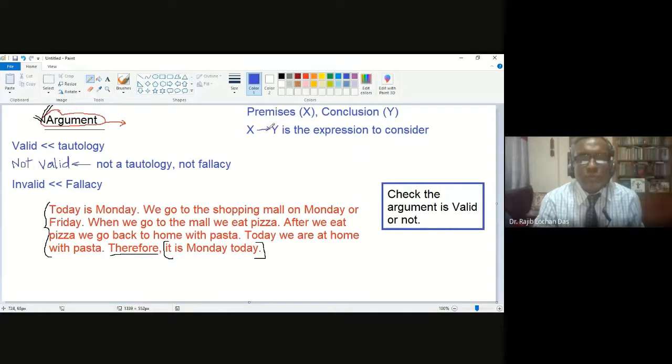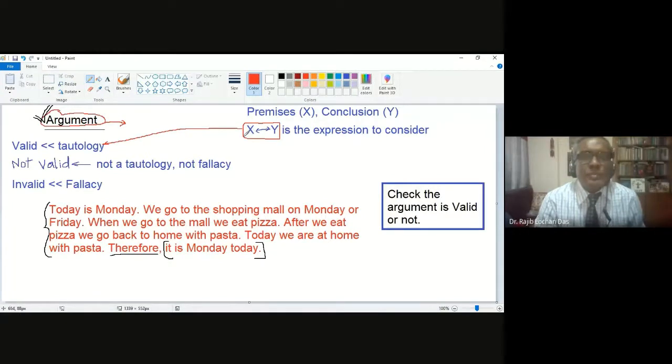One part is the premises, that is x, and the other part is the conclusion, that is y. So we will think about x biconditional y, and if x biconditional y is a tautology, then the argument is valid.